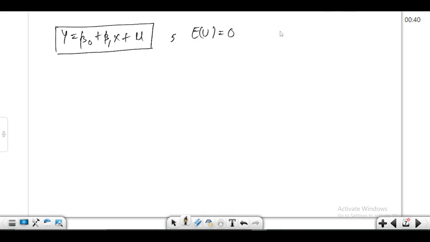This assumption will be really helpful in the upcoming topics that we'll discuss. Now the problem that we have to face here, and we have to solve it also, is that x and u can be dependent or related.